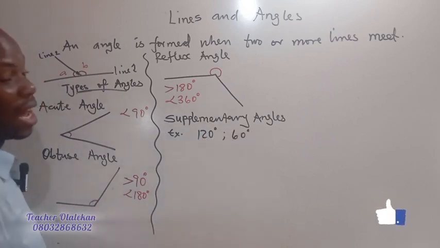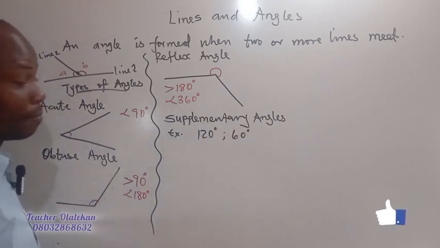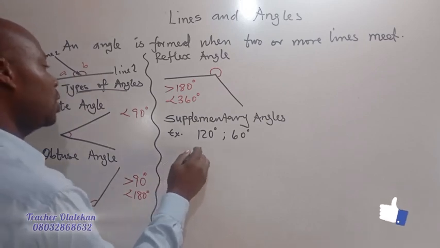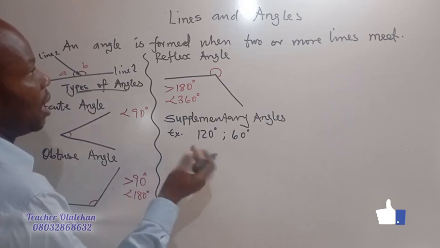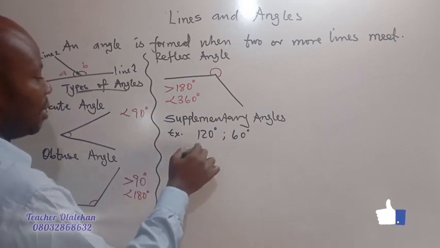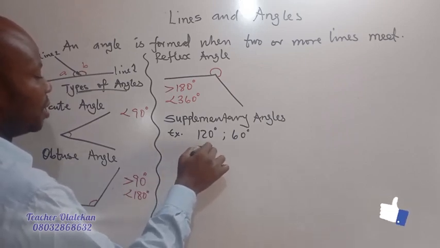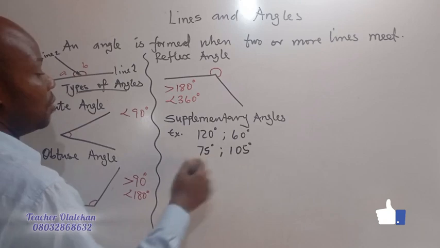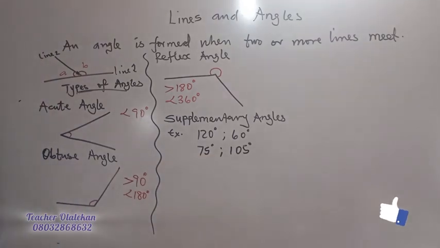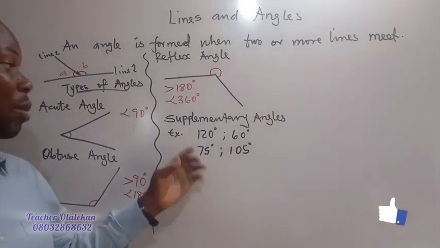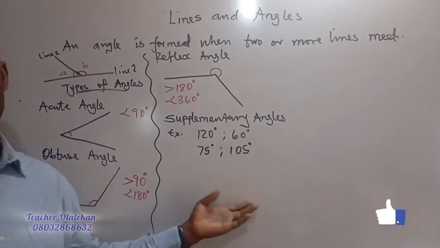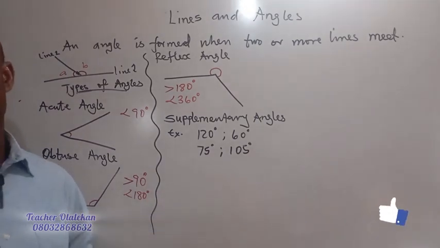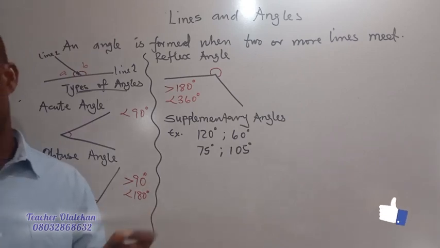If you add these two together, it will give you 180 degrees, right? We may also have 75 degrees and 105 degrees. If you add these two together, they give you 180. So supplementary angles are pairs of angles that give 180 degrees when you add them together.